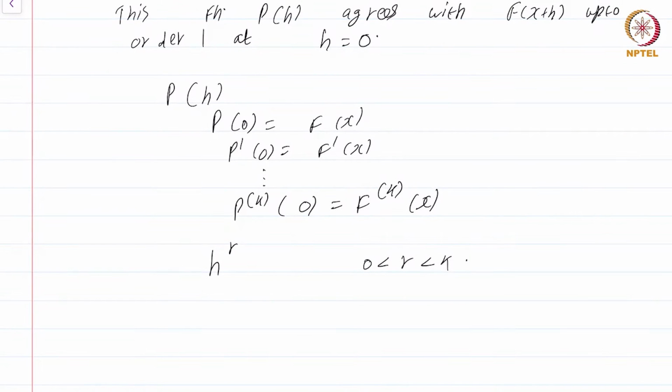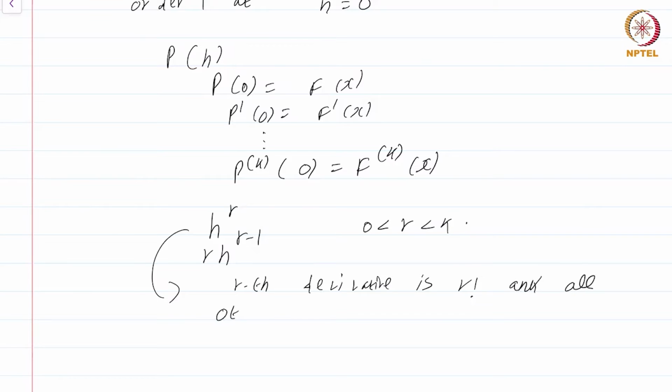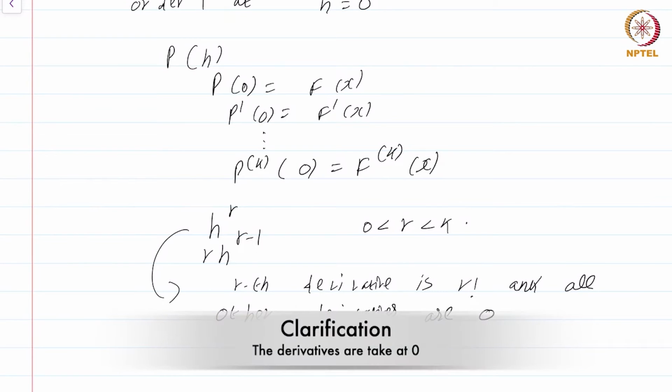The derivative of this is r h to the r minus 1. Okay, so these h to the r have the special feature that the rth derivative is r factorial and all other derivatives are 0. Of course, I'm treating it as a function of h and differentiating with respect to h.